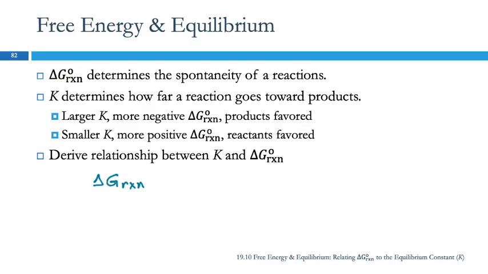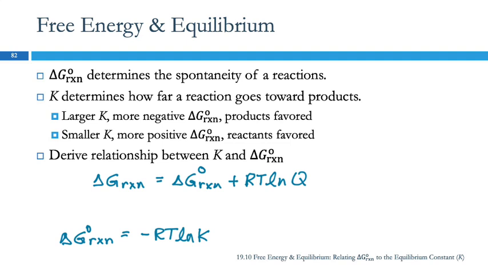Delta G is equal to delta G0 plus RT natural log of Q. This is the result.